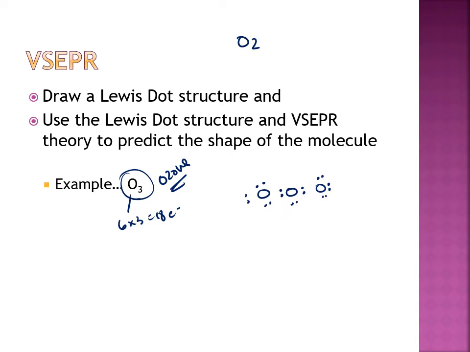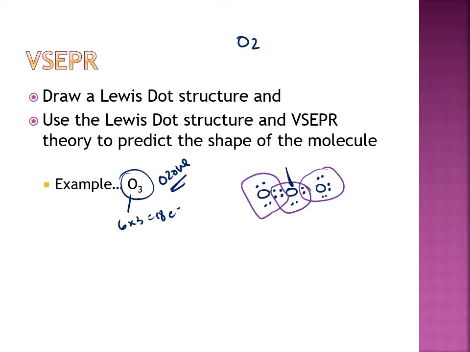We're so close. I just need one more pair of electrons on the central oxygen. How I'm going to do that is actually steal from here so that I can make a double bond here. And now each of the oxygens has 8.